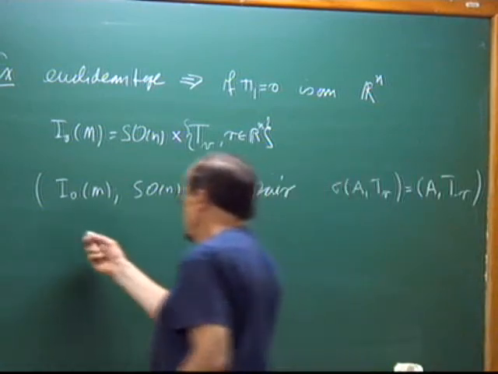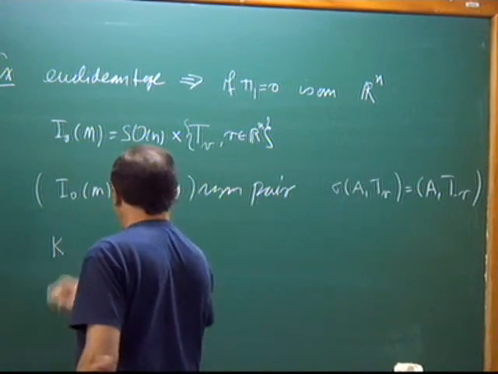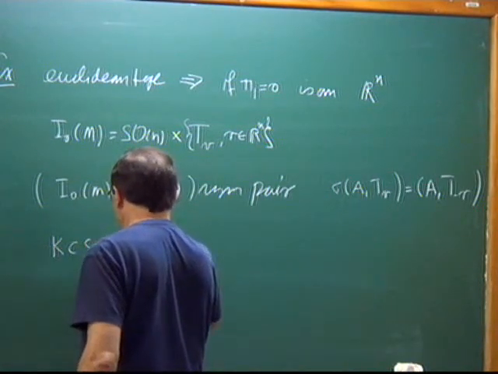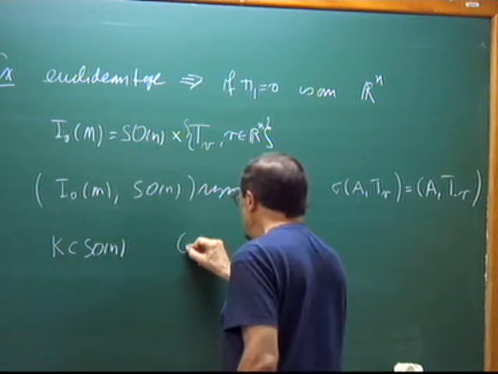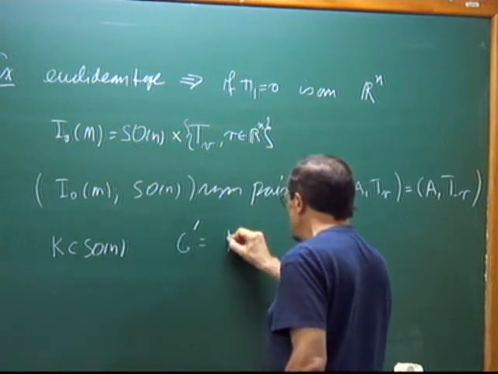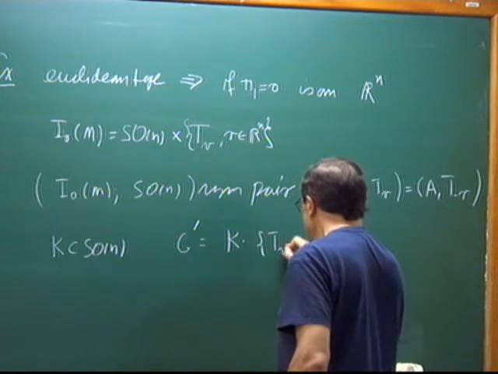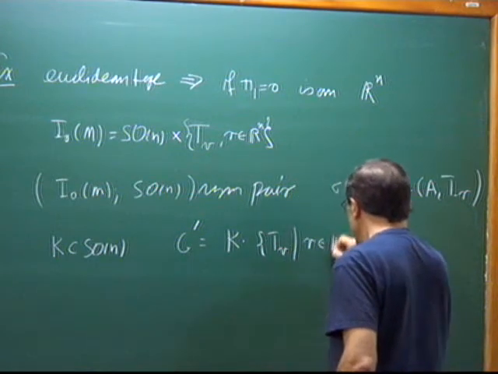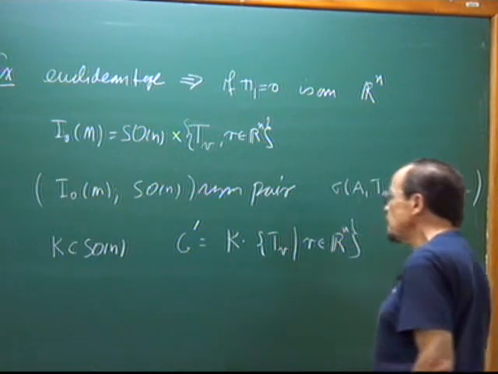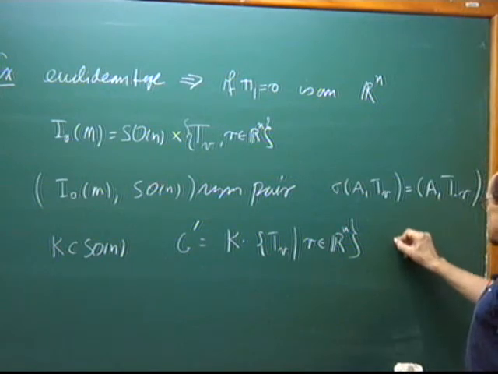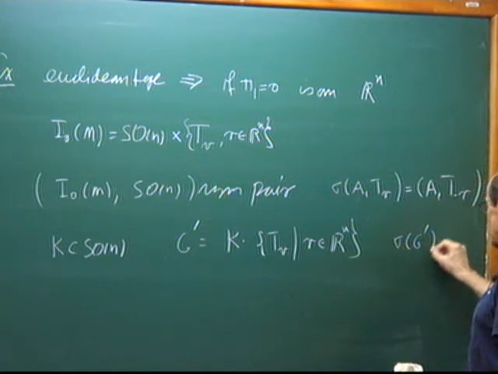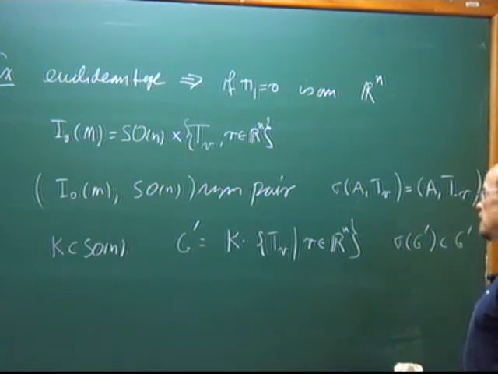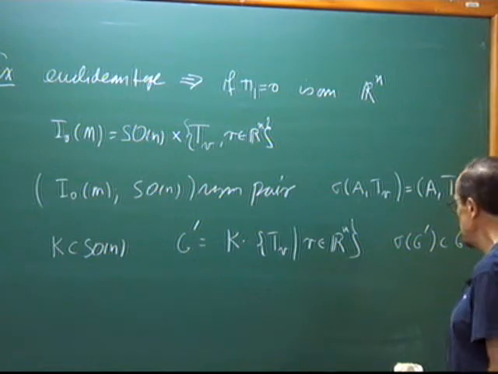So then I can do the following. I can take any subgroup of SO(n). I can let G prime be that subgroup cross the translations. Then this clearly takes G prime into G prime again. And of course, the fixed point set is K again.